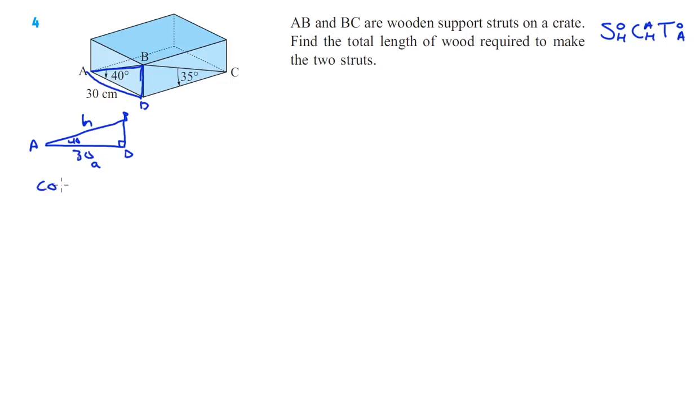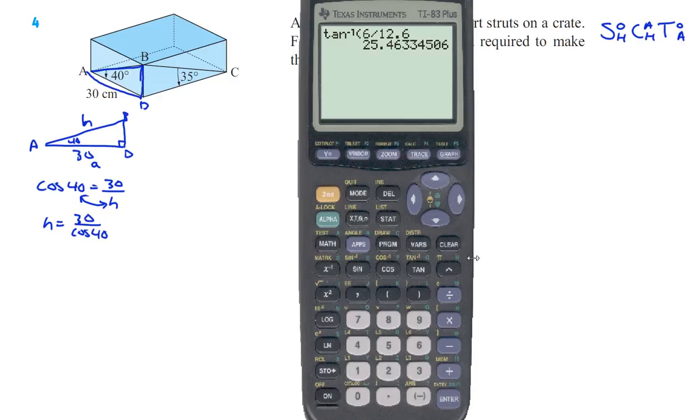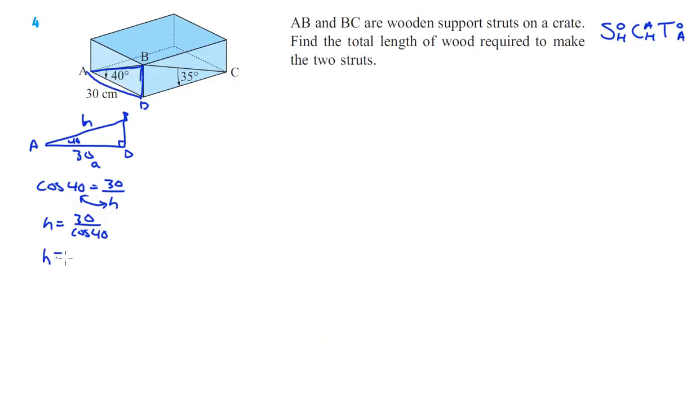So cosine of 40 equals adjacent over hypotenuse, so that's 30 over h. Our variable is in the denominator, so we switch these two and we get that the hypotenuse is going to be 30 divided by cosine of 40. So 30 divided by cosine 40 gives us 39.16, so we'll call that 39.2.